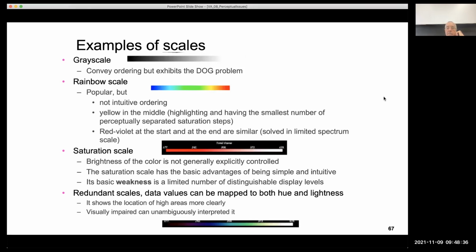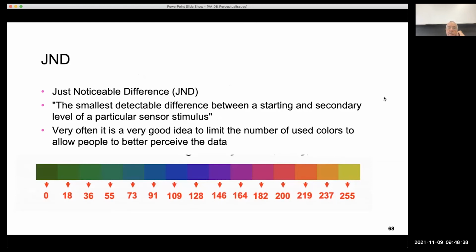And all this story can be enriched with the notion of just noticeable differences, JND. That is the smallest difference between two stimuli. How much do I have to change something to be perceived as a difference? And it is a very good idea to limit the number of colors for this purpose.